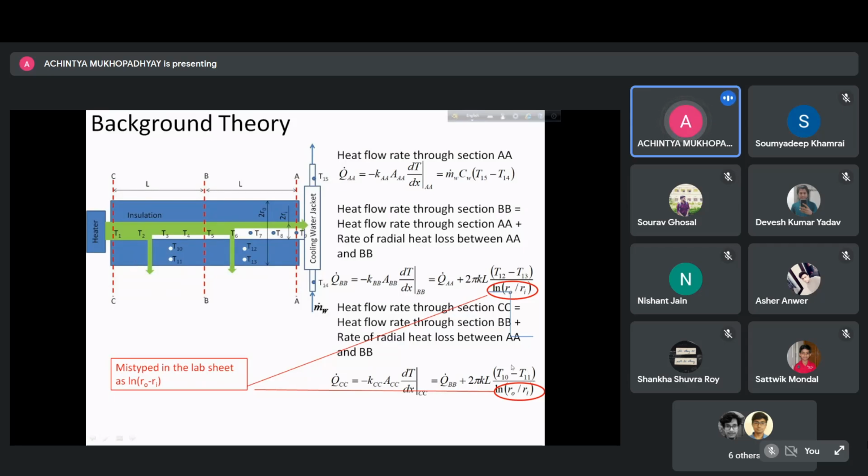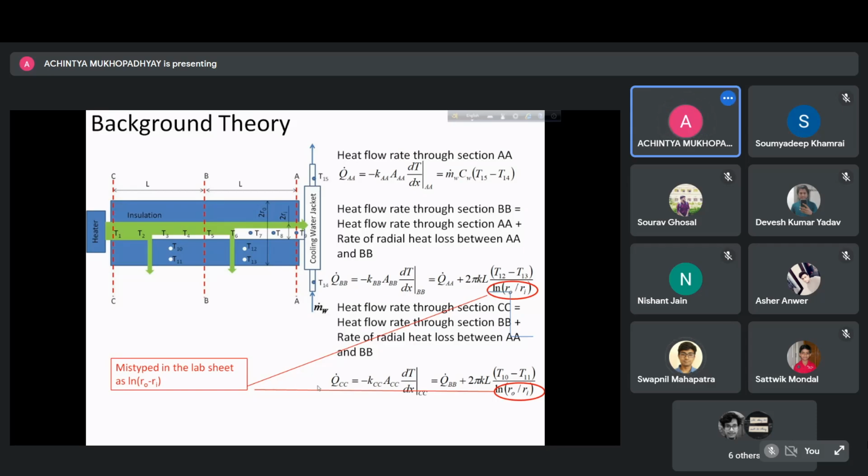So we again use a 1D radial heat flow expression and get the amount of heat transfer between sections BB and CC, added to QBB to get QCC. That's how we get the rate of heat flow through each of these sections, and for each of them we can use the Fourier law and write it as minus kA dT/dx.